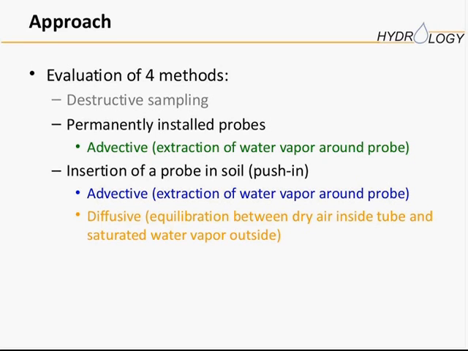And we also tested a diffusive approach where we just had an equilibration between the dry air inside the tube and the saturated water vapor outside. Due to the high permeability of this microporous tube, that equilibration is relatively fast. So this is also another possibility, especially if the soil is wet or saturated.